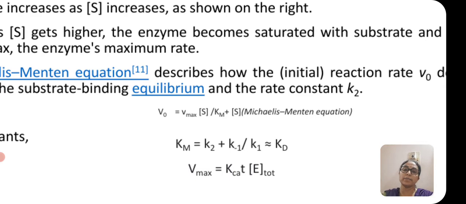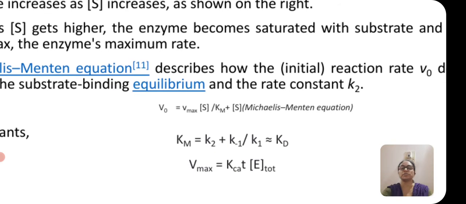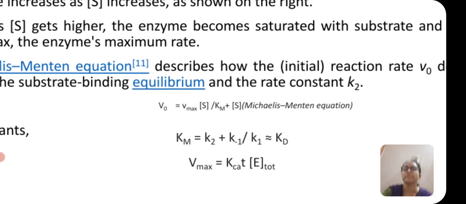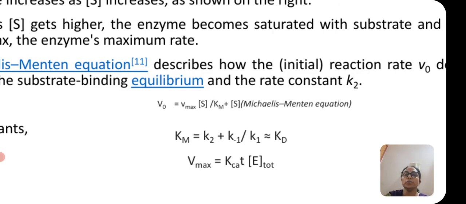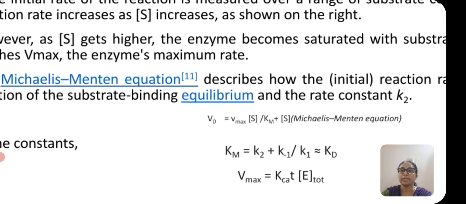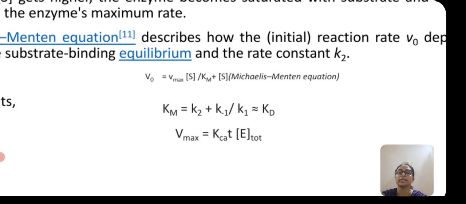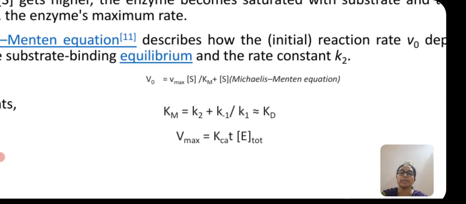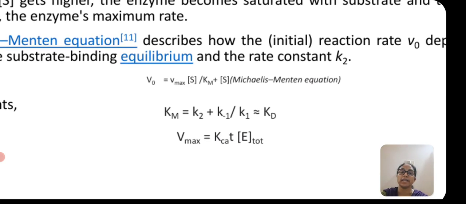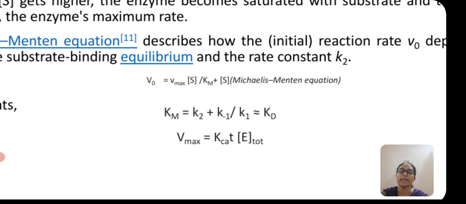So in an enzymatic reaction, if the two substrates A and B are there, then they are converted into ES, that is the intermediary product. That reaction is taken care of with a velocity constant called K1.